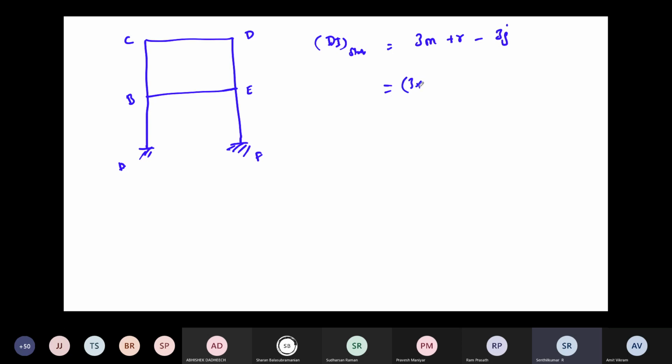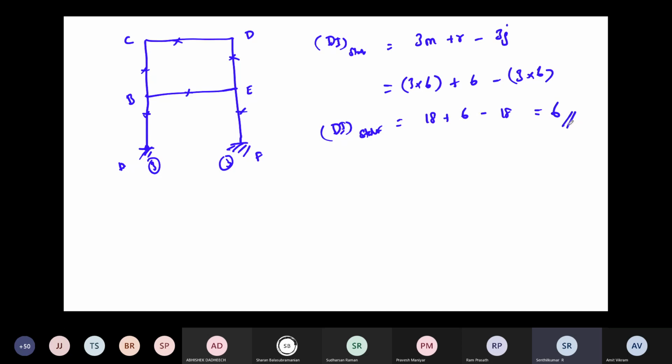So how many members are there? 1, 2, 3, 4, 5, 6. How many reactions? 3 and 3, 6. Minus 3 into how many joints? 1, 2, 3, 4, 5, 6. So what will be your degree of indeterminacy as a whole? This is static: 18 plus 6 minus 18. So this will be equal to 6.